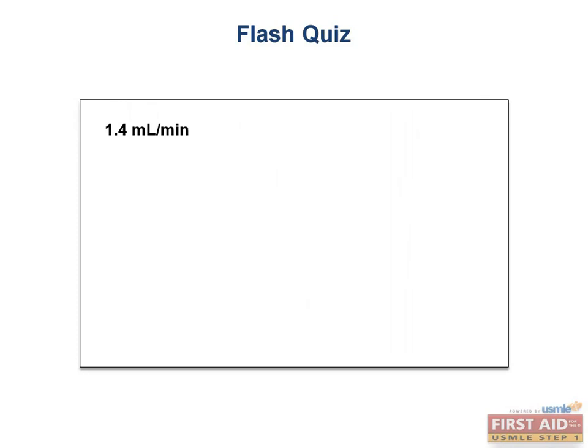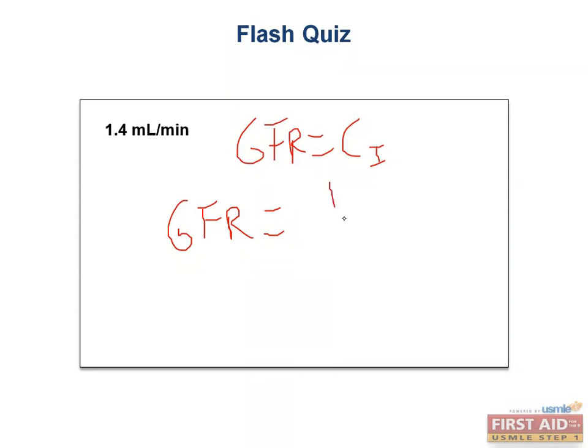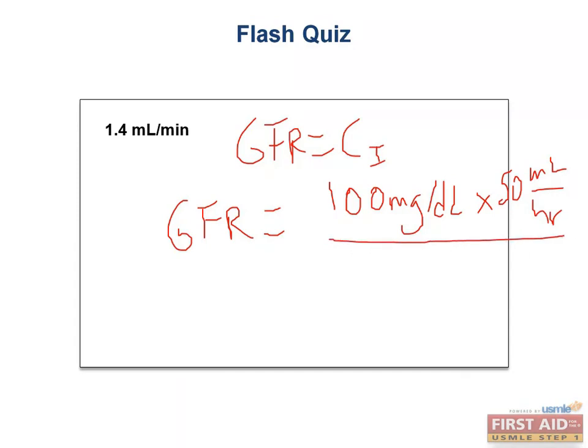Using the formula where GFR is equal to inulin clearance, then that means that GFR is equal to the urine inulin, which was equal to 100 mg per deciliter, times the urine flow rate, which was 50 mils per hour, divided by the plasma inulin concentration, which was 60 milligrams per deciliter.